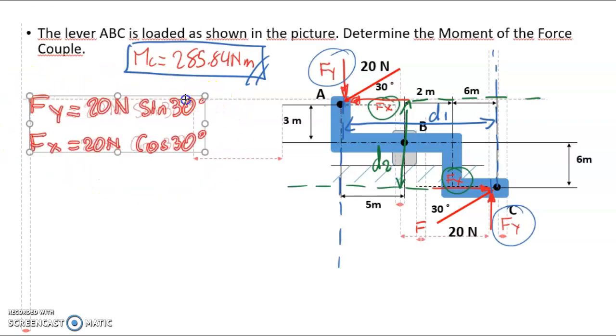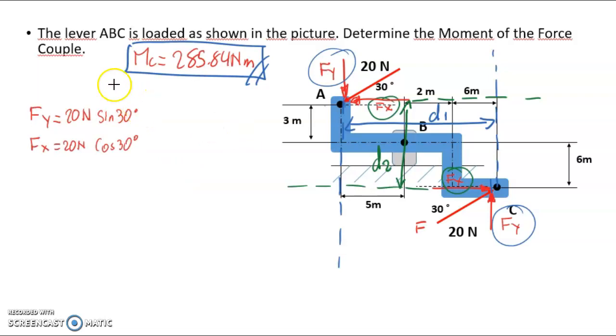It's just a matter of calculating the magnitude of these two components. For the force Y, it's going to be 20 sine of 30. That's going to give me 10 newtons. For the Fx, we're going to have 20 cosine of 30. That's going to give me 17.32 newtons. There we have the forces we're going to use for the moment.